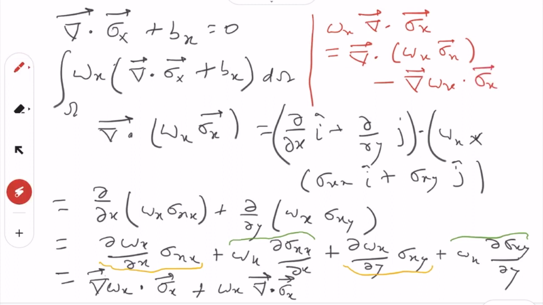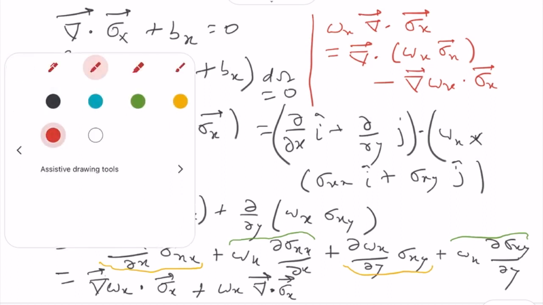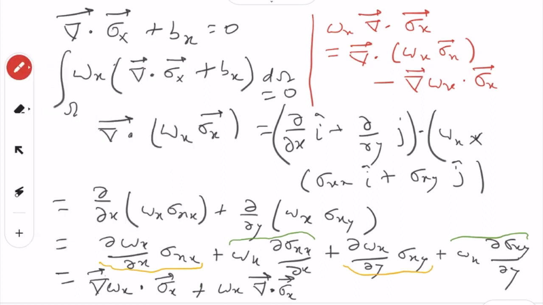So this identity we are going to use here. Yeah. So here one thing we forgot, so we write this equal to 0. So this whole thing is equal to 0. So this integration over the whole domain equal to 0. This is what the weak formulation is, right? So this one is the weak form.